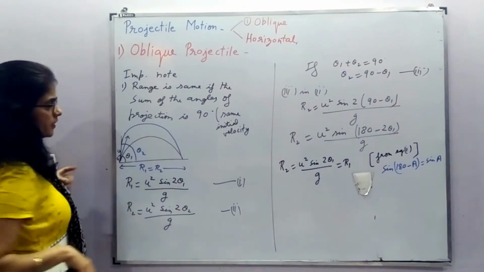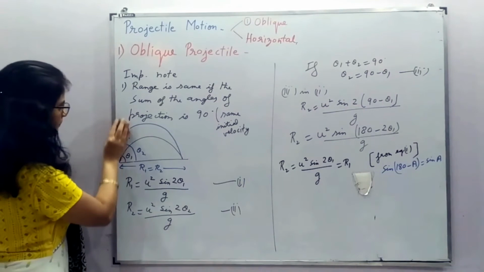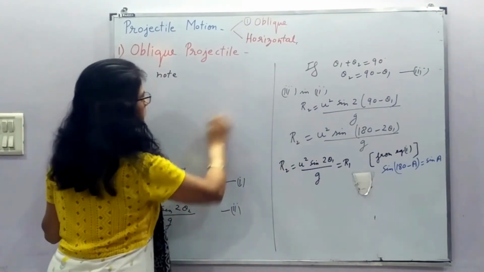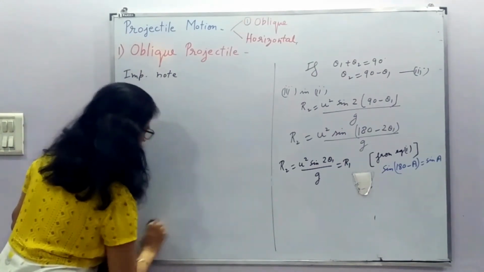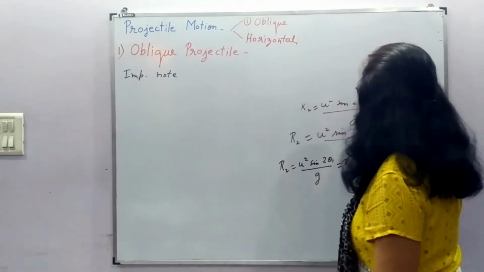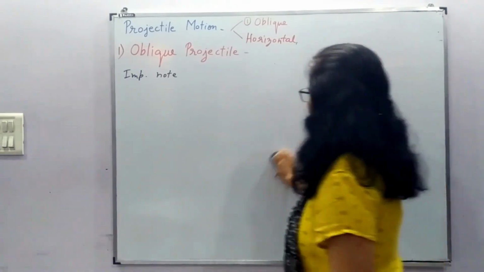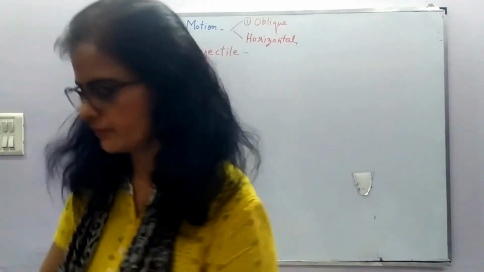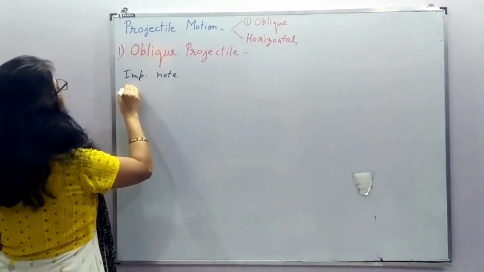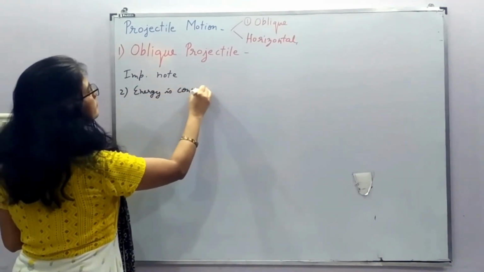And the second important point I'm going to tell you now. That second important point is that the energy is conserved during the motion of a projectile. So second point is energy is conserved.